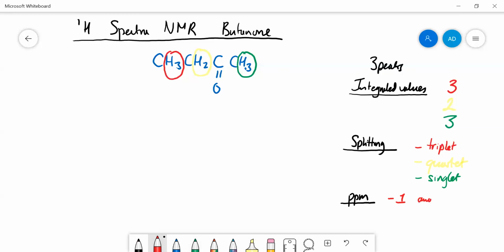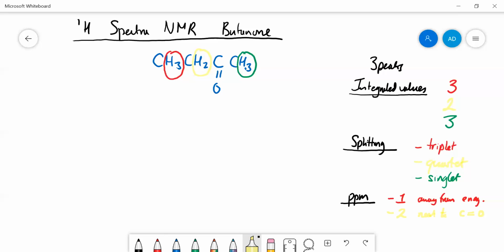So just put, away from electronegative elements. Those yellow ones, because they are next door to a carbonyl, that usually gives things a ppm of about 2, because it's next to a carbonyl. And that's a really important one.